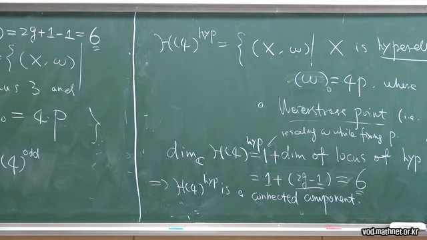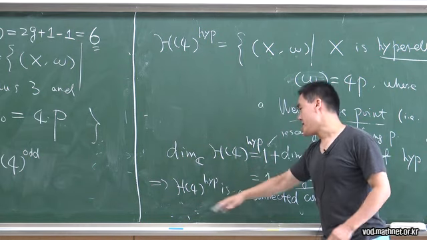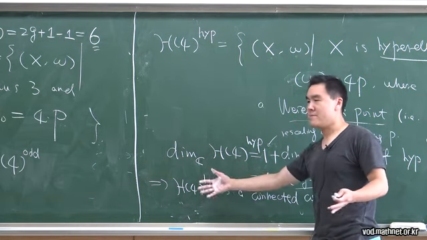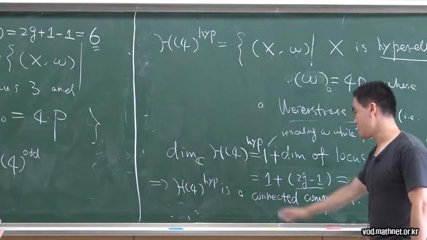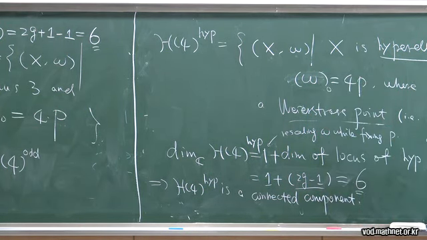You said this is a complex manifold, so does it imply irreducible? No, I'm saying if this space were further disconnected, you might have more components. But I know this one is connected. Yes, it is irreducible. Here, connected and irreducible are the same because I have a smooth total space.